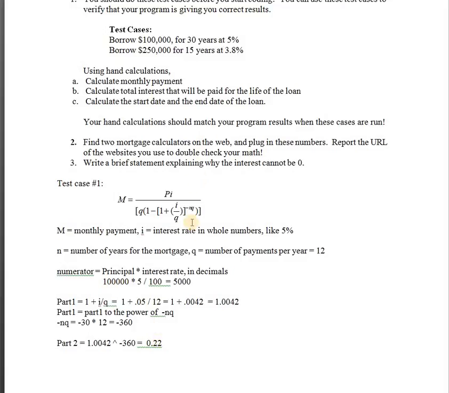Okay, so now I've gotten this part 1. I'm done, sorry, right here. So part 3 is going to be subtracting it from 1 and multiplying. So that actually is going to give me the denominator.